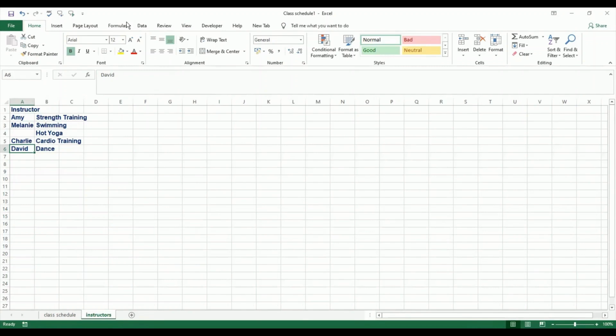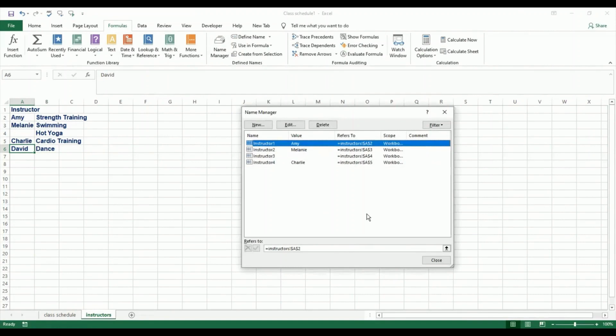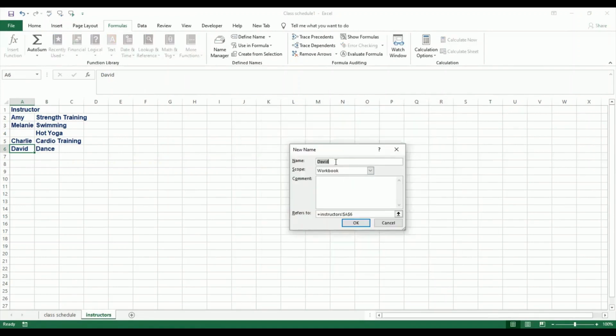So when you go to the formula bar on the top, we have something known as Name Manager. Under Name Manager, you can see there is already instructor 1, 2, 3, 4. Correct? Now this is 5, not 6. Number 6 is this, it's actually 5. So I go New and name it instructor 5.